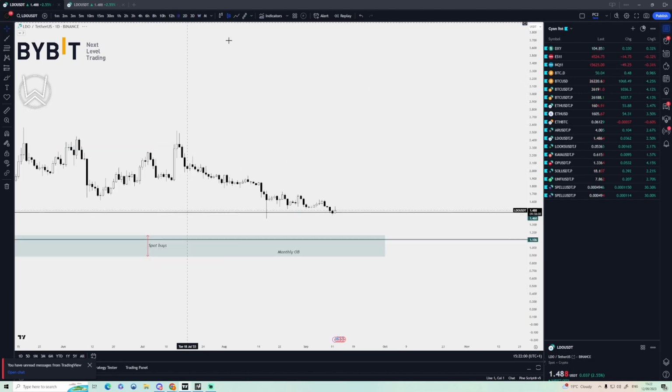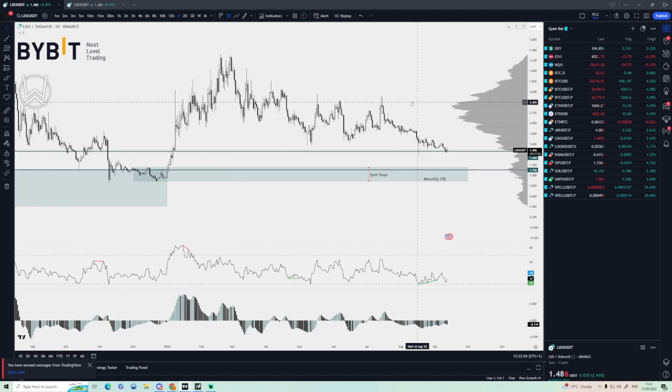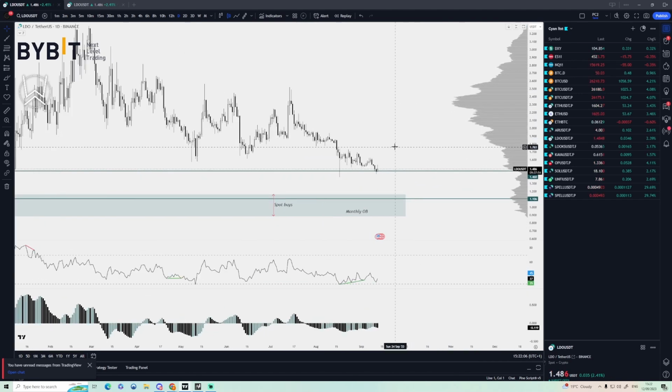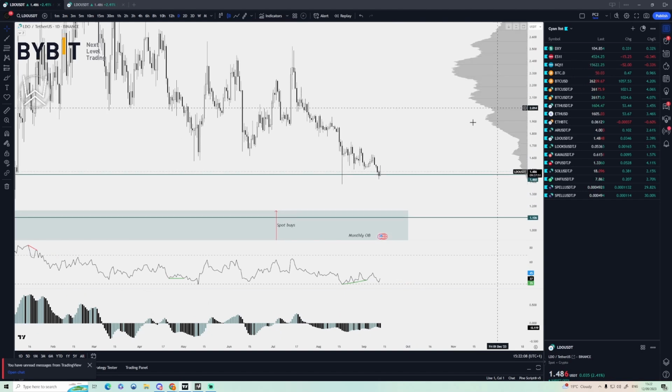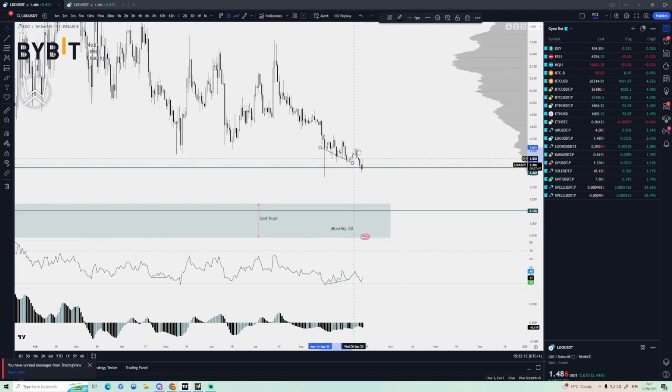Momentum oscillator is not really showing much on the weekly time frame. The daily did start to show some signs of reversal here on LDO for sure.